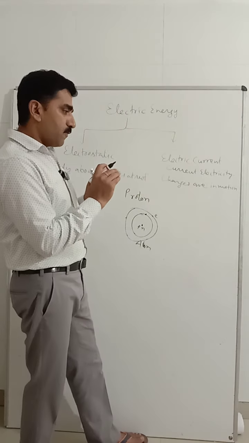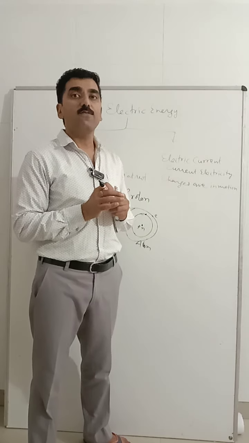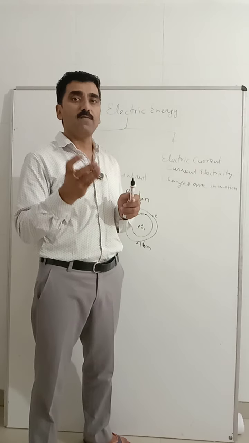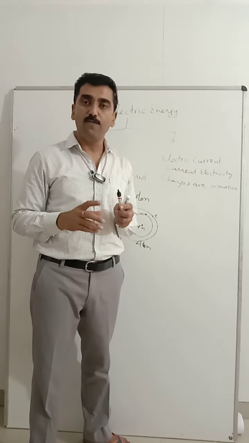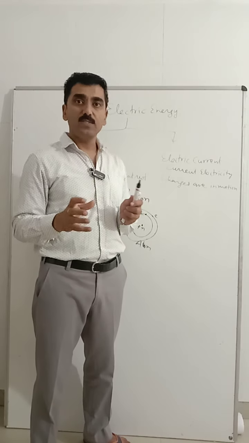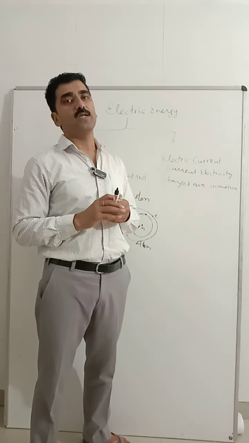Without electricity we cannot today imagine our life being comfortable. Our LED, our TV, our small devices, mobile phone, our batteries, our AC, our fan, each and everything is running with electricity.